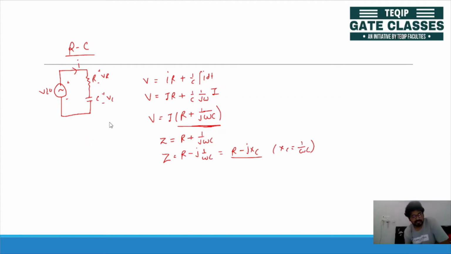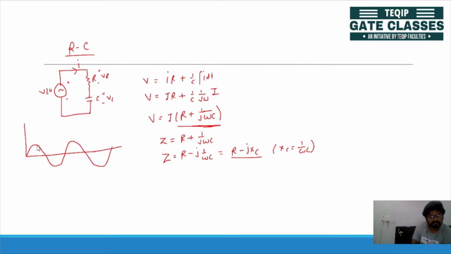And this is a capacitive circuit. Then here the current will lead the voltage by some angle phi, not by 90 but by some angle phi. Okay, so here again if we draw the waveform as in RL circuit, we'll get the same kind of waveform.